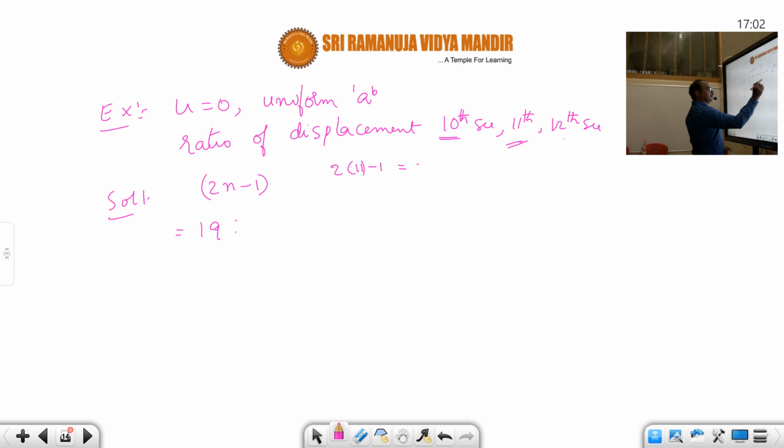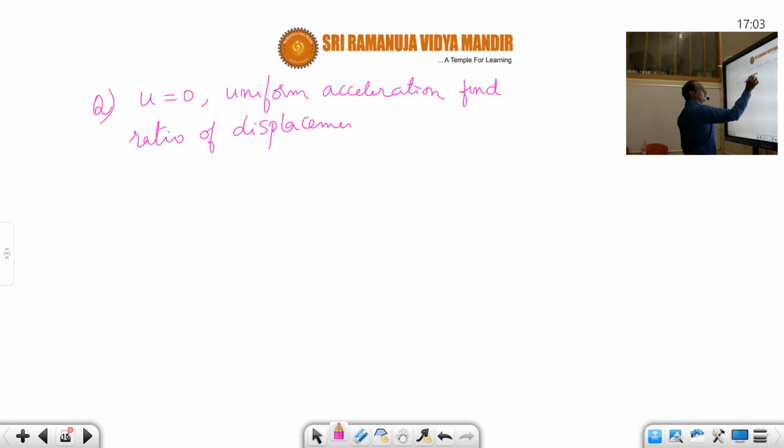Another question: a particle started from rest, traveling with uniform acceleration. Here also we are finding the ratios. Find the ratio of the displacements in 1 second, 2 seconds and 3 seconds.